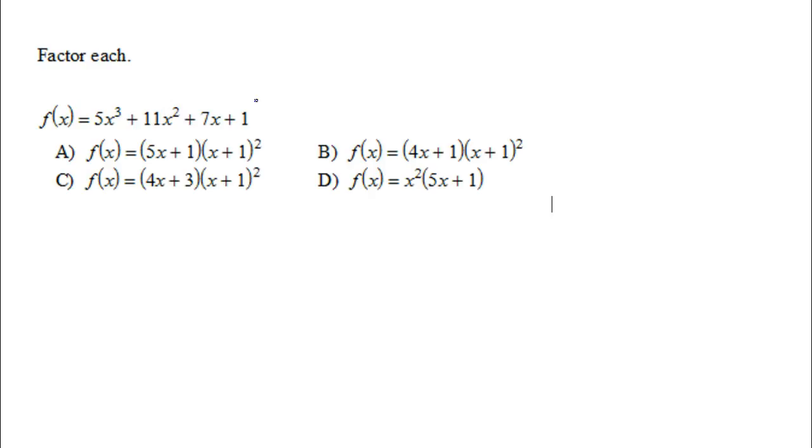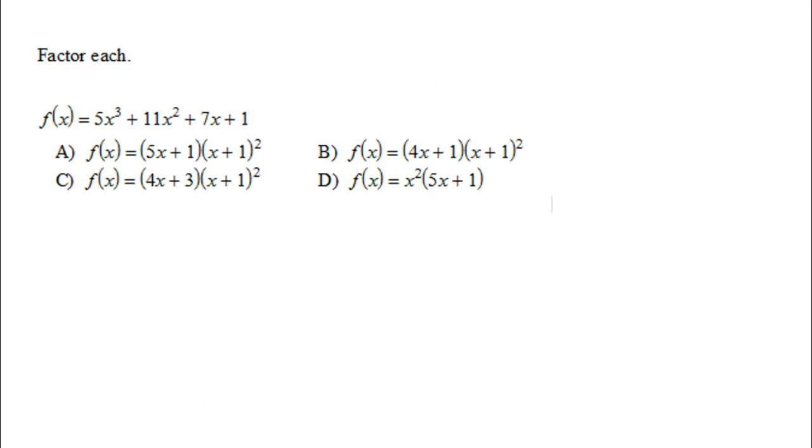If I didn't have a calculator, then I would be looking at this and going, okay, my only possible numerators are 1. So there's a good chance that it's my 0. If there is one, it'll either be +1 or -1. But I'm not going to guess.